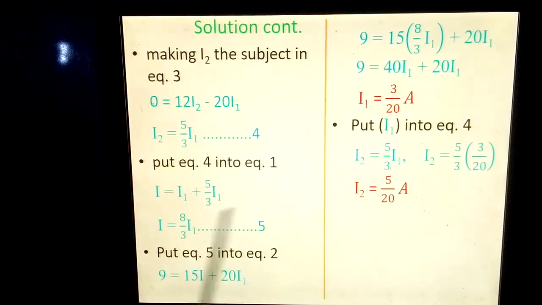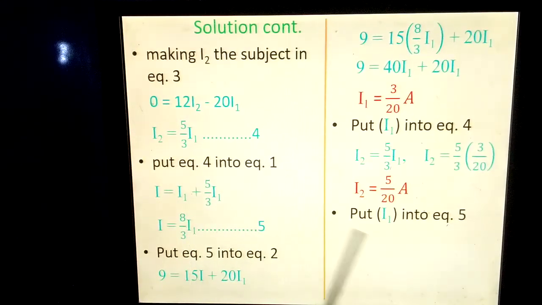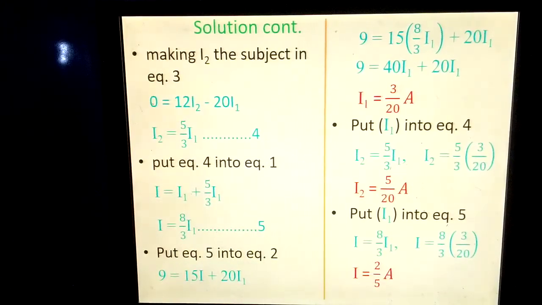Then we substitute the same I1 into equation 5. It gives us this, so that when we simplify, we get I to be equal to 2/5 ampere. Now when we add this equation to this equation, that gives us this one. If you like, try it and see.